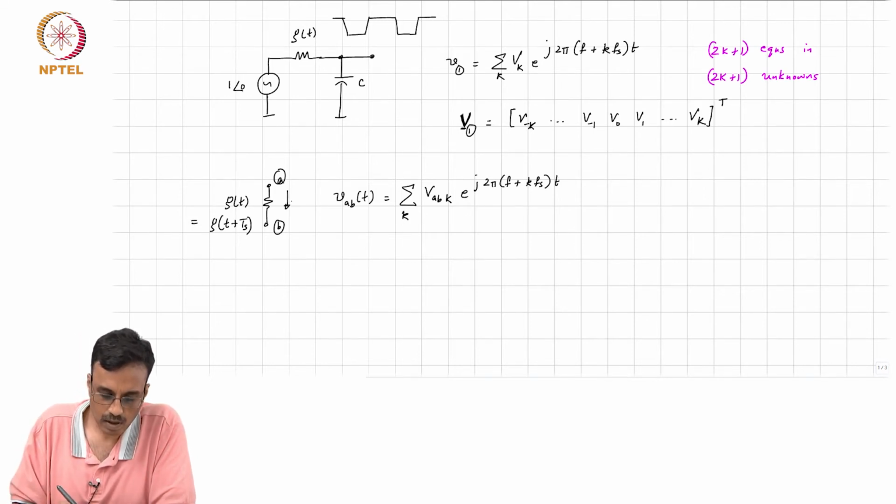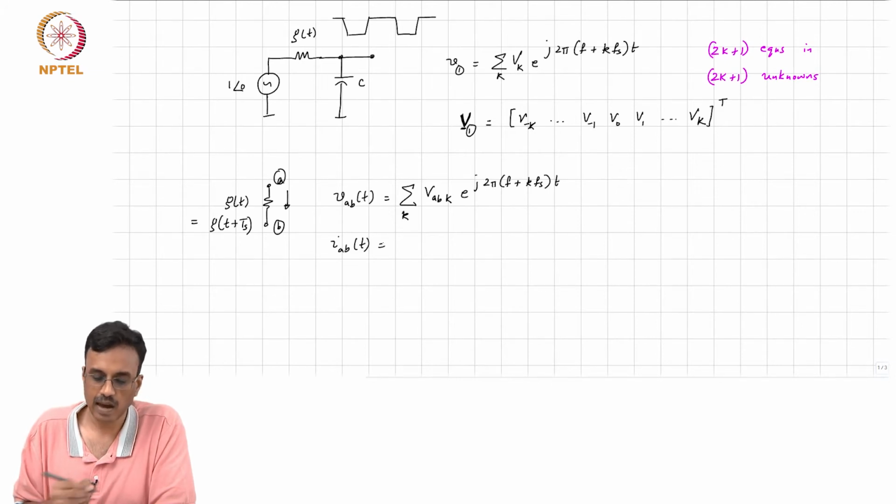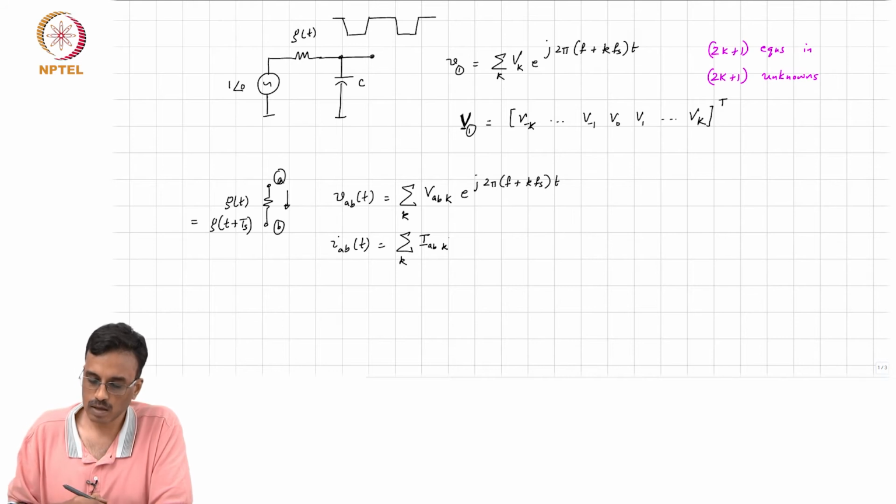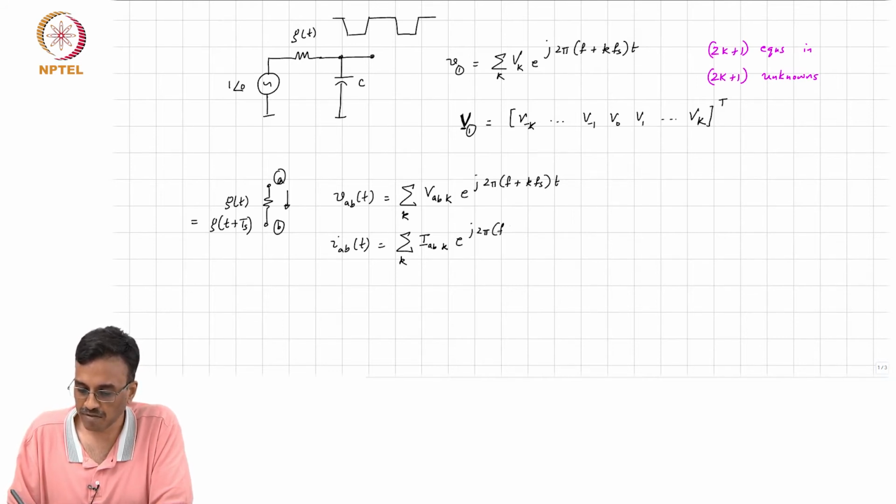Likewise, the current IAB of t will be sum of IAB k e to the j 2 pi (f plus k fs) times t.